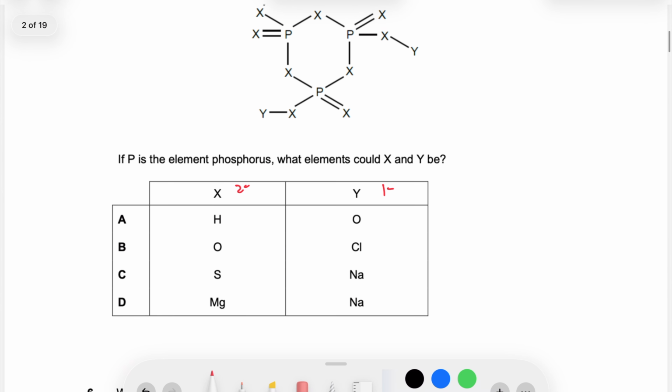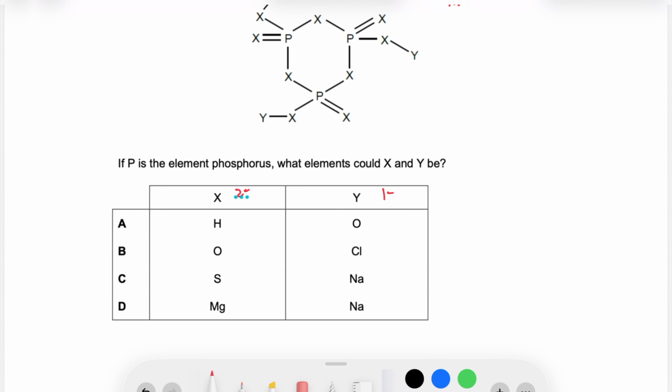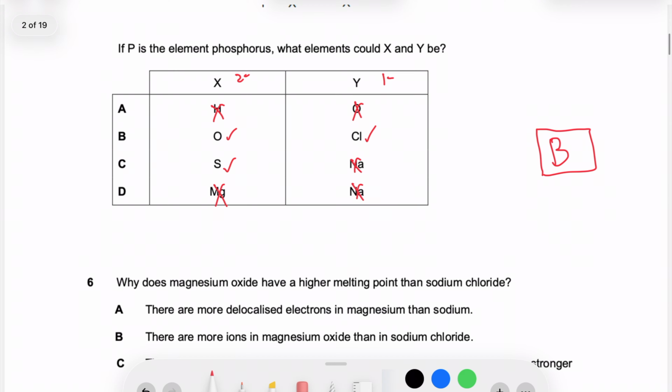Let's look at the options. It can't be a metal, and it must be minus, so oxygen is out, hydrogen is out, so answer will be B. Cl is minus, oxygen is 2 minus, although sulfur is possible as well. Next.